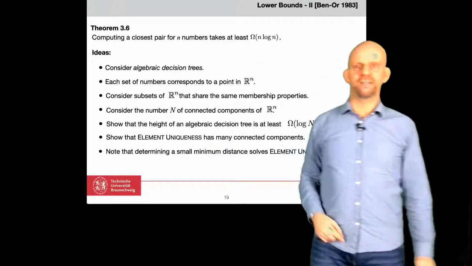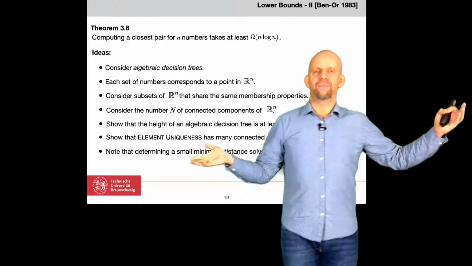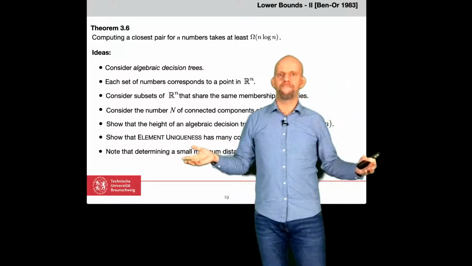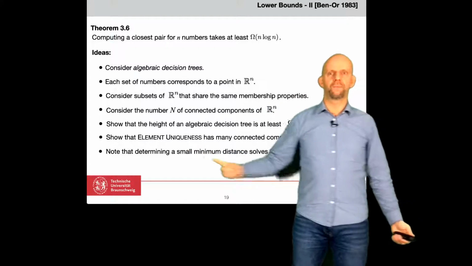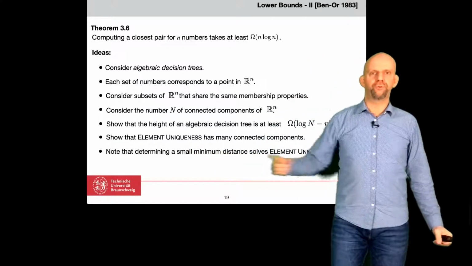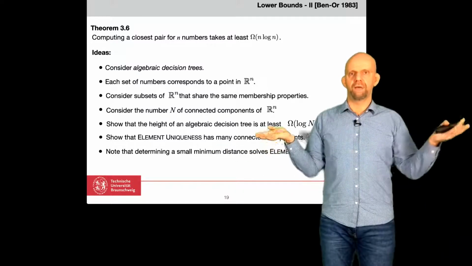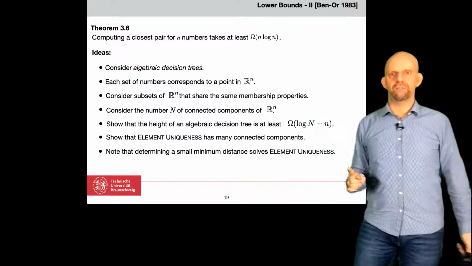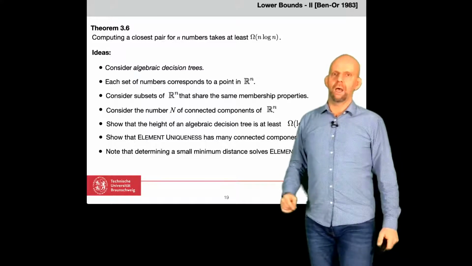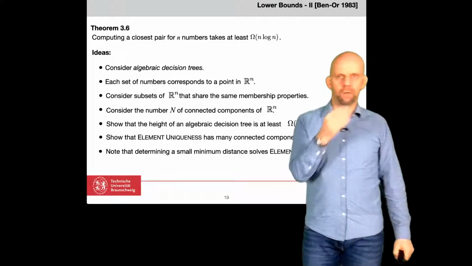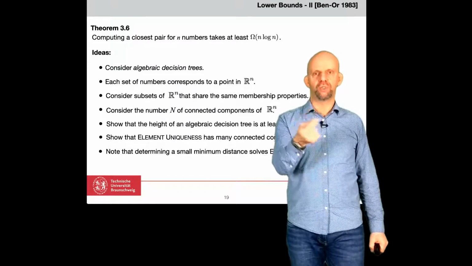And now I do the final step and I say, well, element distinctness is really, if you have two numbers which are the same, then you have a distance of 0. That's element uniqueness, element distinctness. And of course, you could do that by rounding to a certain extent.